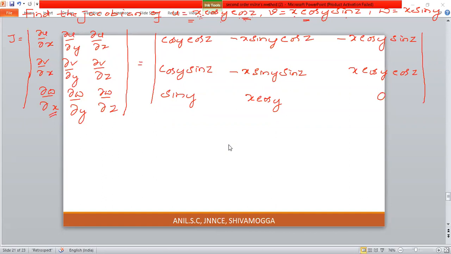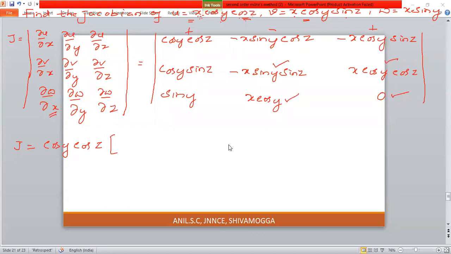Therefore, J is equal to, I prefer to expand along the first row, using alternate positive, negative, and positive signs. Positive plus cos y cos z. Now leave the row and column which contain cos y cos z. We get a 2 cross 2 determinant like this.